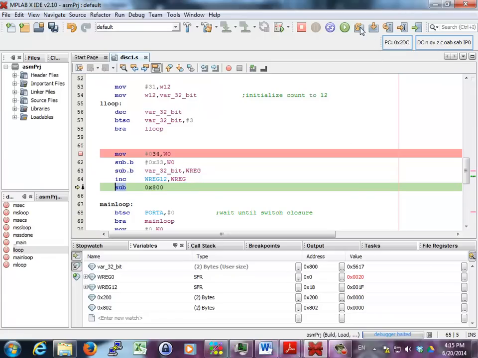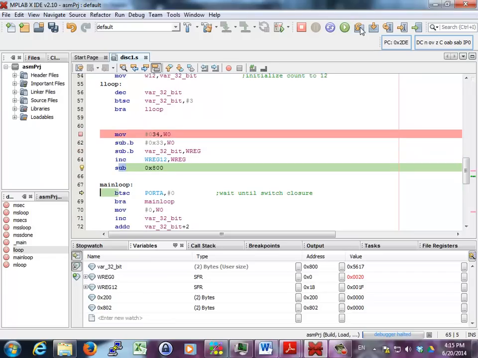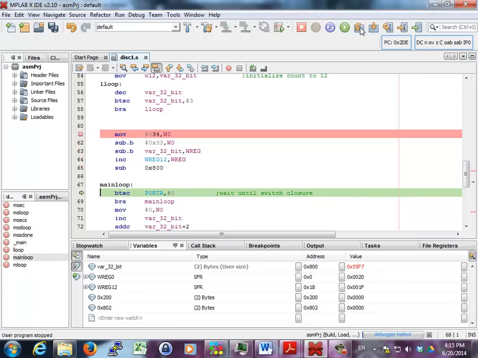So it's going to only involve this 5617 in the operation, and you can see that it changed to 55F7, after you subtract the 0020, which was implicit. When you don't put anything, that means subtract wreg from this variable here. And note that nothing changed here at address 802, because if you want to change it, then you have to have another instruction that involves var32-bit plus 2, and we did that when we did the increment example, if you remember.